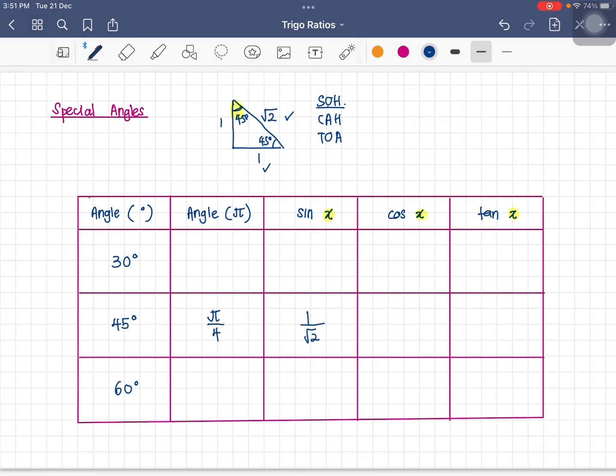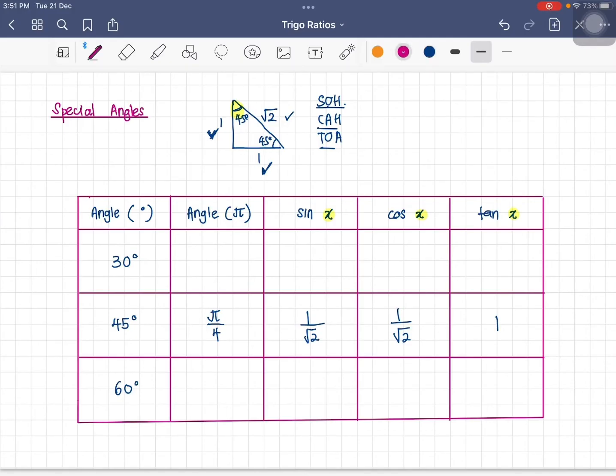And then for the cos of x, of course CAH means adjacent over hypotenuse, so also you get 1 over square root of 2. And the last one, tangent, is given by opposite over adjacent. Opposite is this one, and adjacent for 45 is 1, so 1 over 1 should be 1. So you get the values for the 45 degrees.